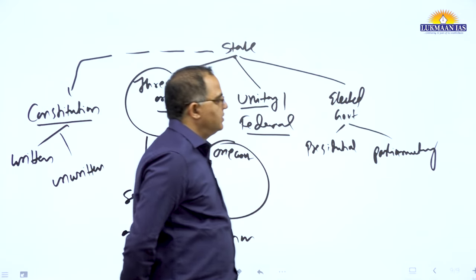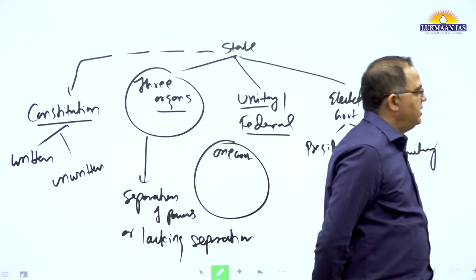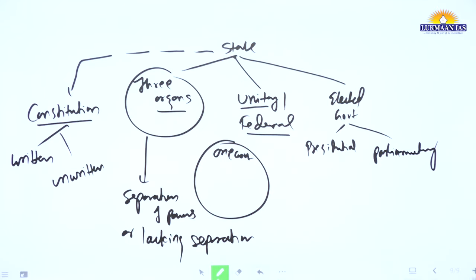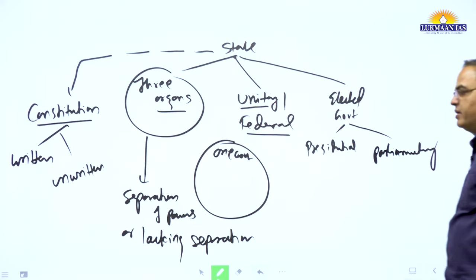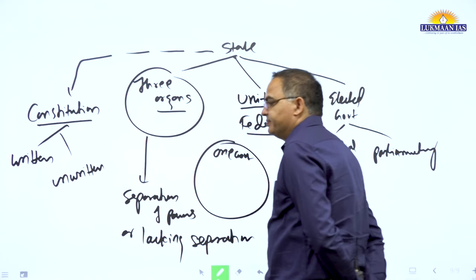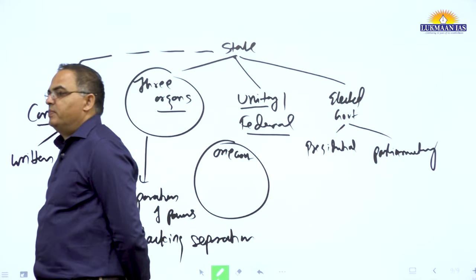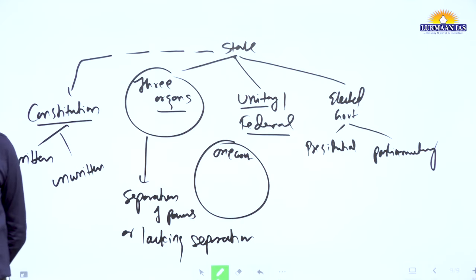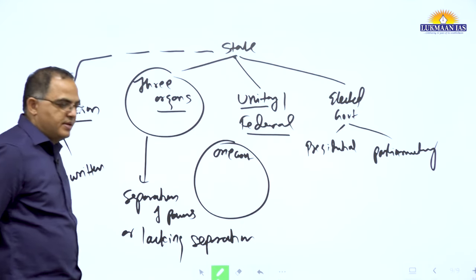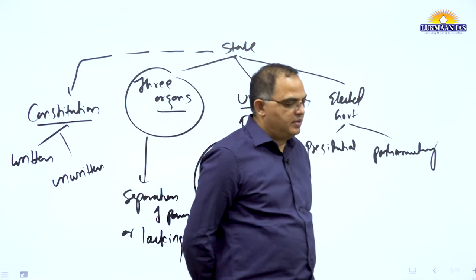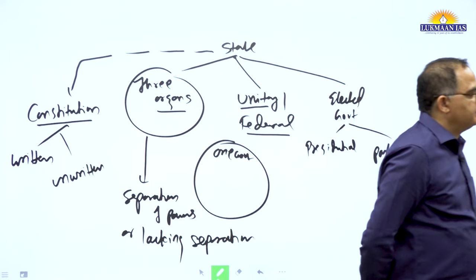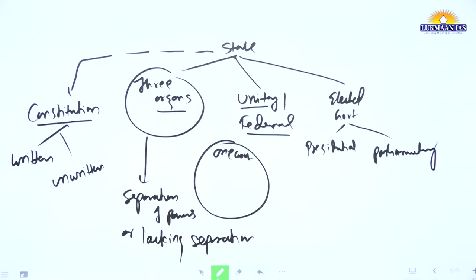Change in paragraph, then you write. The modern polity has evolved largely against monarchical system and absolute rule.